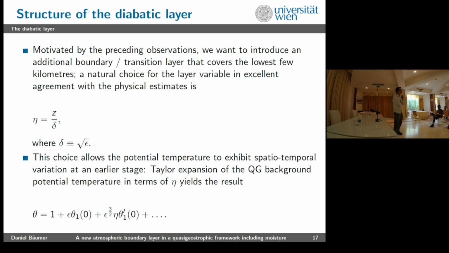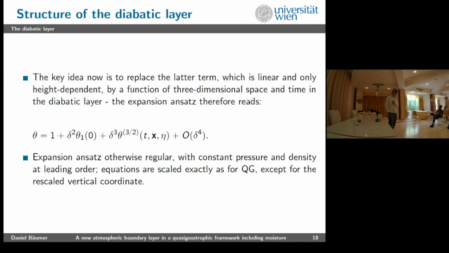And now the idea is, in a boundary layer, we have some qualitative change of the motion, right? Otherwise we wouldn't need it. We could just proceed with one expansion and would be done with it. So in this case, the idea is that in the diabatic layer, we replace the latter term by a function that varies in space and time in all the coordinates, and this is now the expansion ansatz, right?